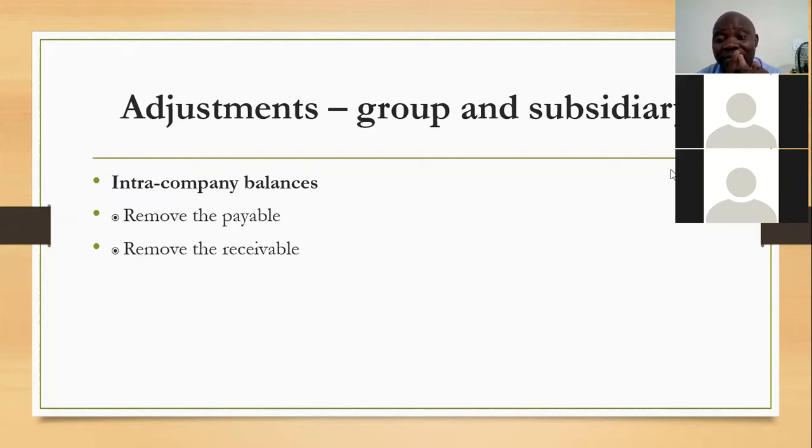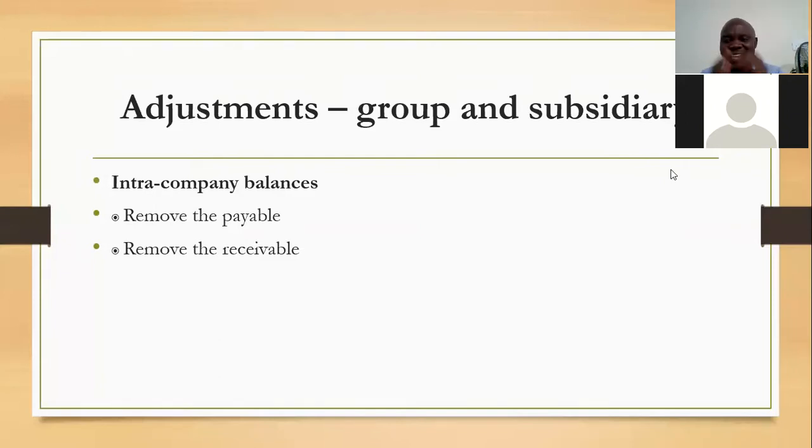Secondly, NCI, which is non-controlling interest. Those days we used to call it minority interest. Thirdly, group retained earnings. So the net assets at acquisition will fit nicely in your goodwill computation.